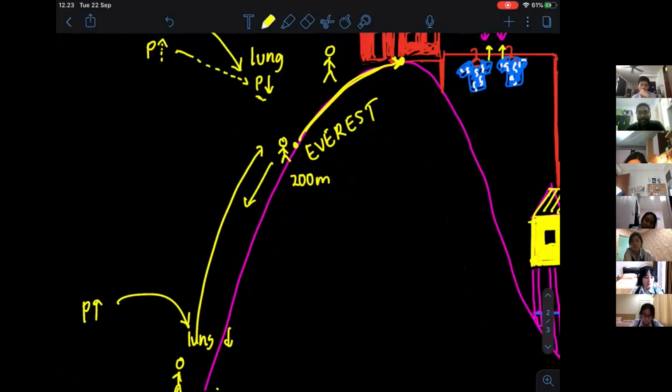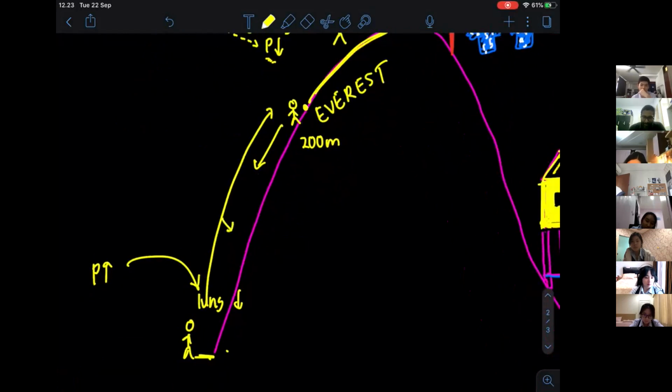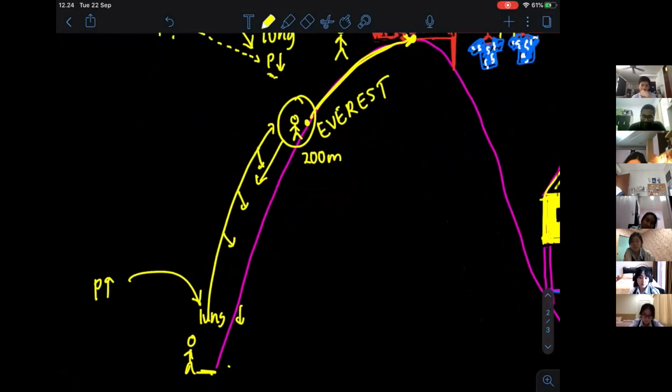So what happens, some of them will have problems, for example, difficulty in breathing. They will utilize the oxygen around here. So by the time they come over here, when they try to calculate the oxygen that they have, it will not be enough for them to last until the summit, even though it's only 200 meters. So they just stop over there and then go down.